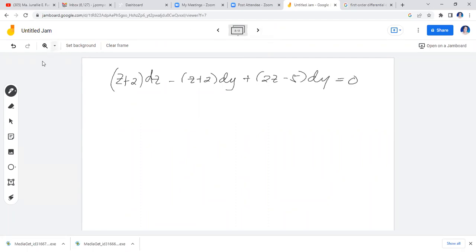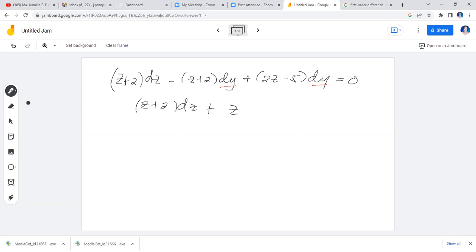So you have two terms that have the dy, this one and this one, so you can combine. You have z plus 2 dz plus, positive 2z minus z, that would be z.